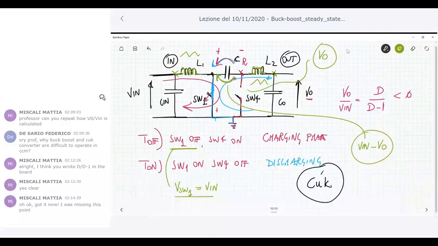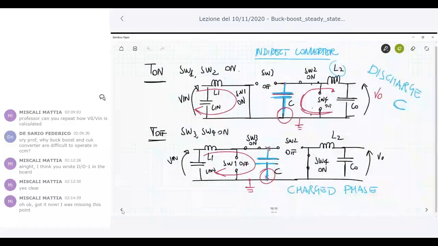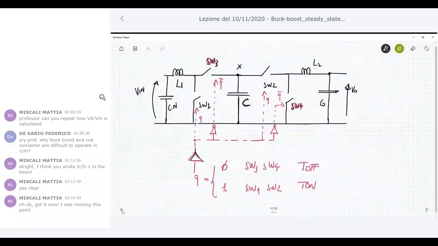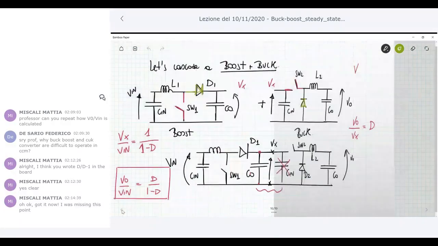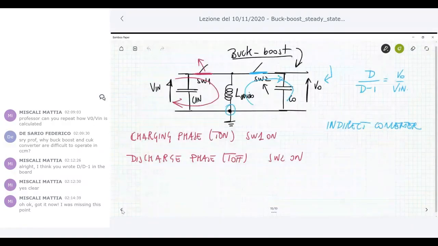You also have to think that in this topology you have two inductances, while in the buck boost, which is this one, you have just one inductance.